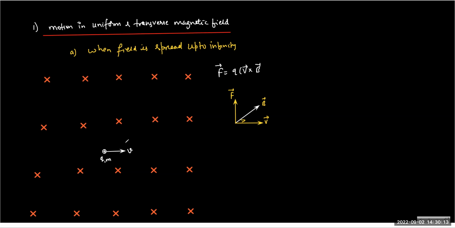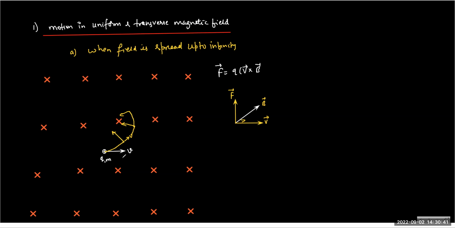So because the force is upwards, it will try to bend like this. But at this point, when the velocity vector is like this, the force will again change the direction. It will be again perpendicular. So it will keep on changing, but the direction of force will remain perpendicular.